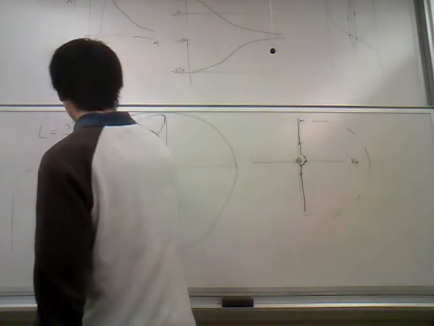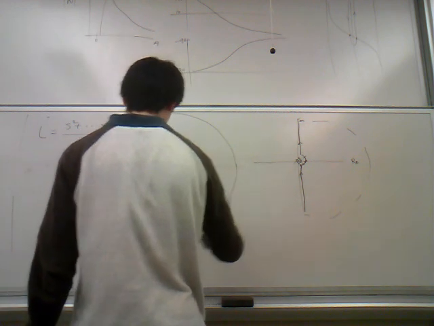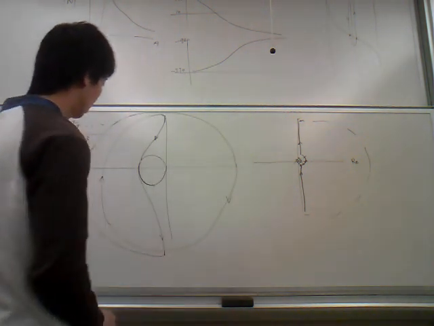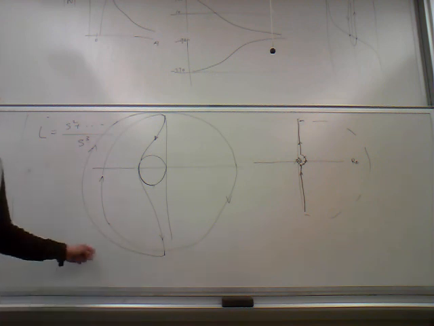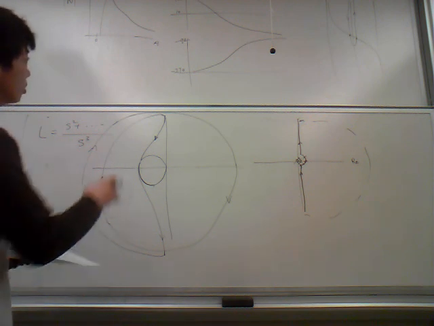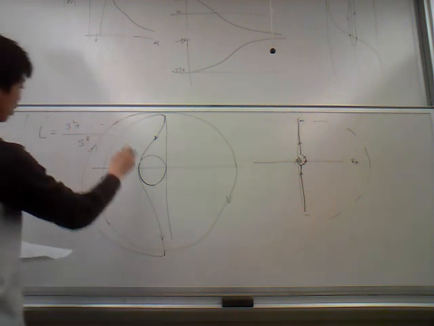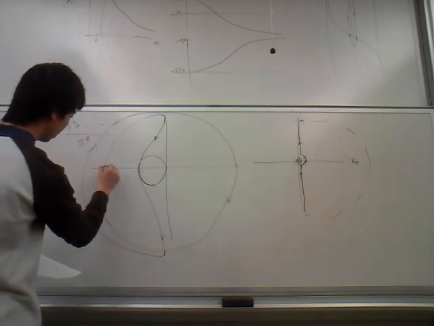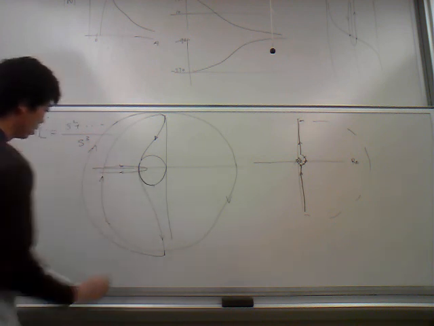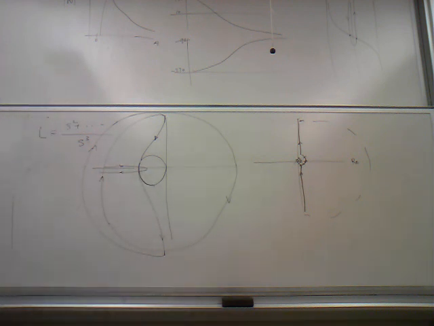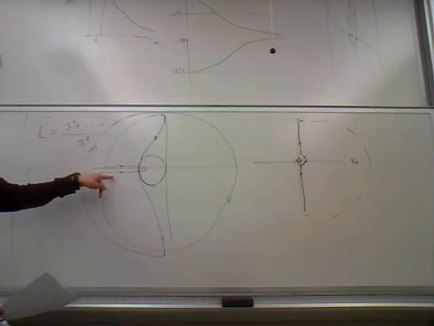So this is the full Nyquist plot for L. If we draw our n, it's at negative 180, so it comes over like this, and then it comes back out. So this is negative 1 over n.